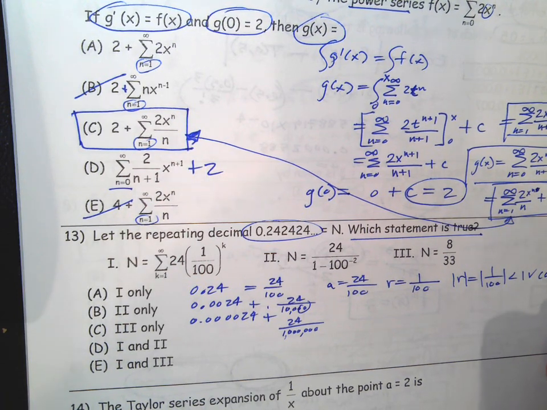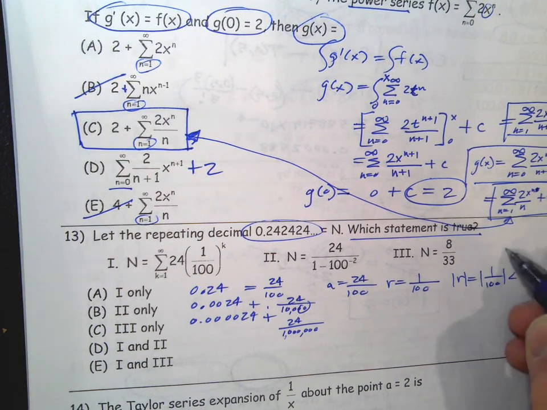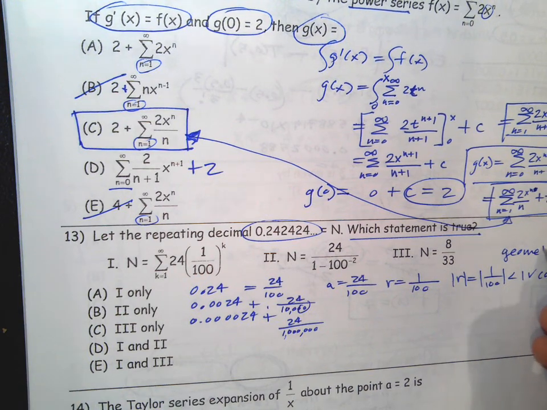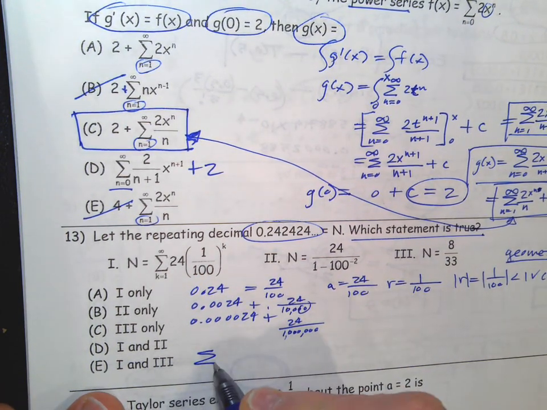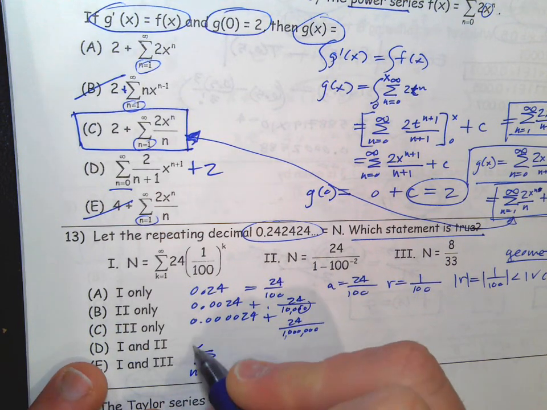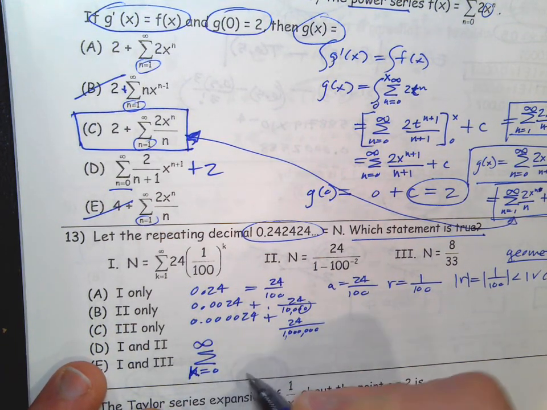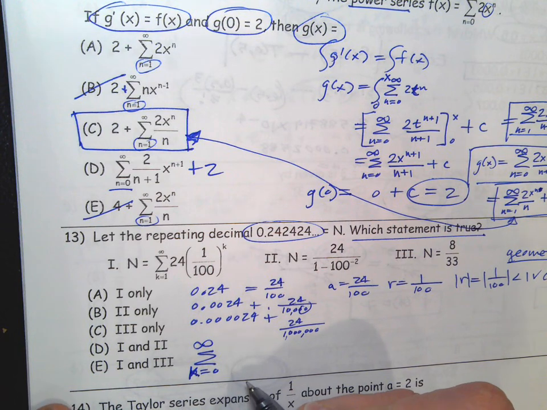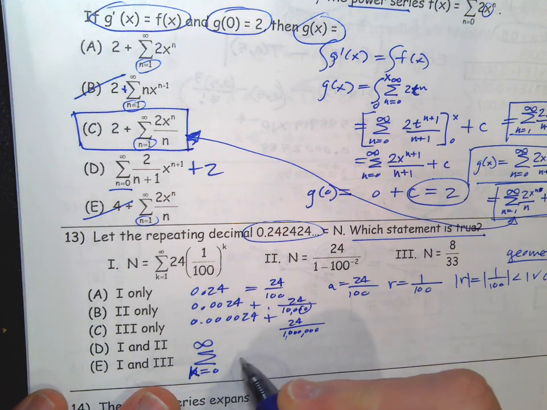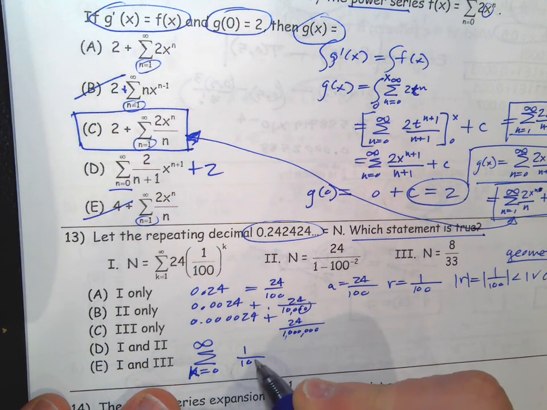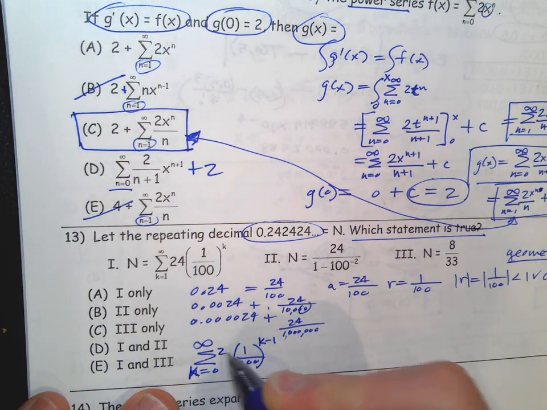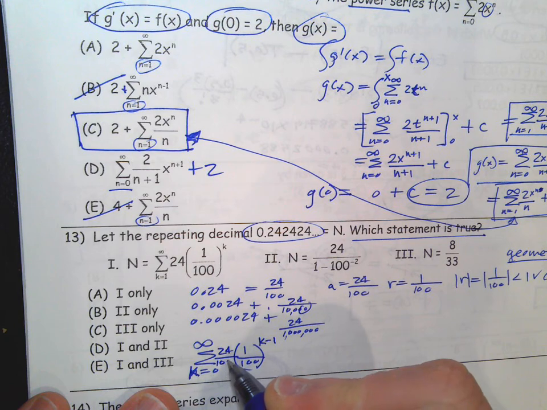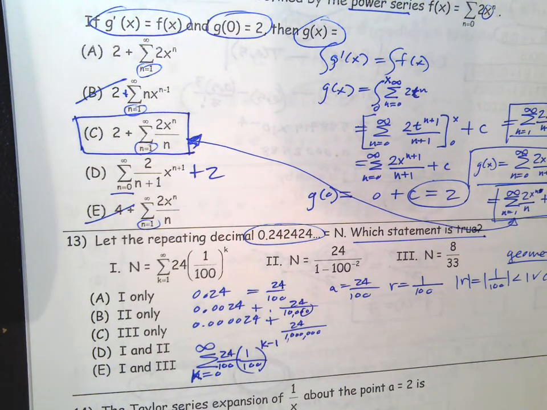This is a geometric series. If we were writing closed form, starting n equals 0, I mean, they have k's, whatever, you could write k. You would have the r value, usually to the k minus 1, and then the a term in front.